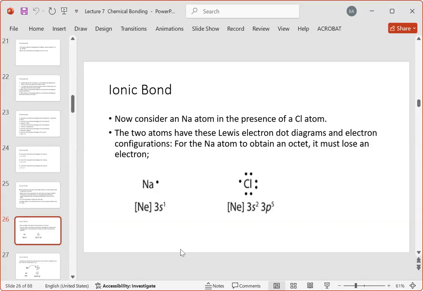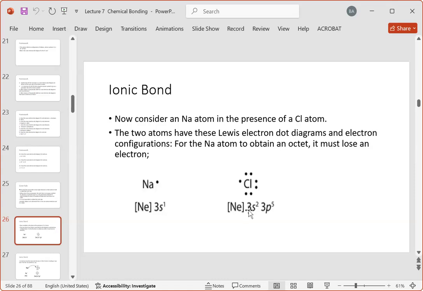So sodium, once we have done the electron configuration, has neon in the core, and then we have 3s1. So the 3s1 is its valence shell.